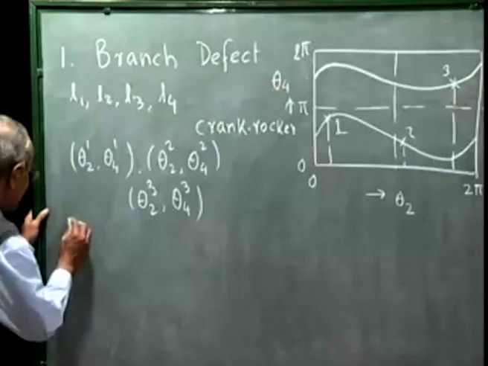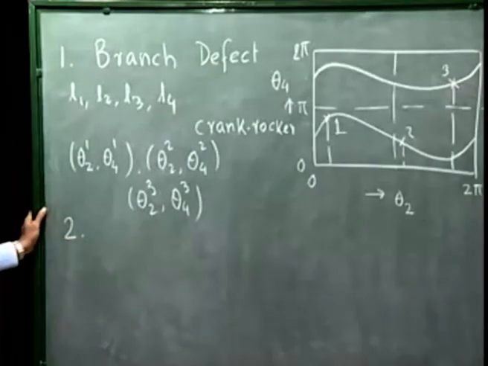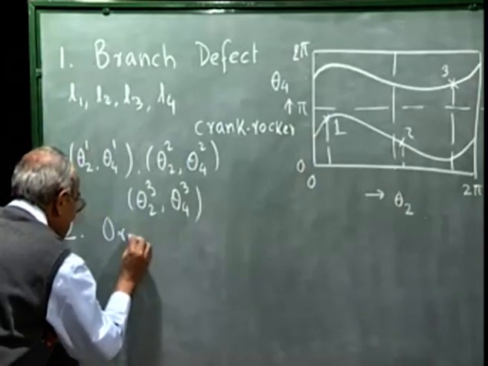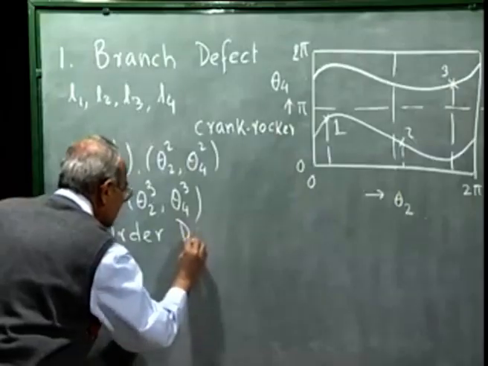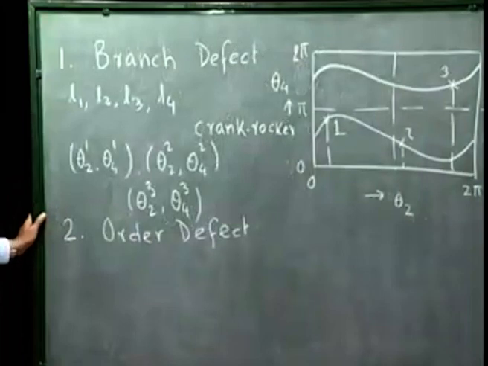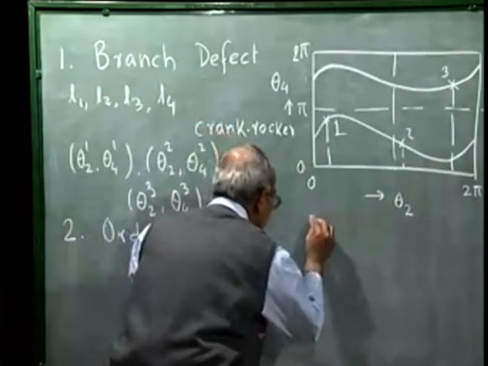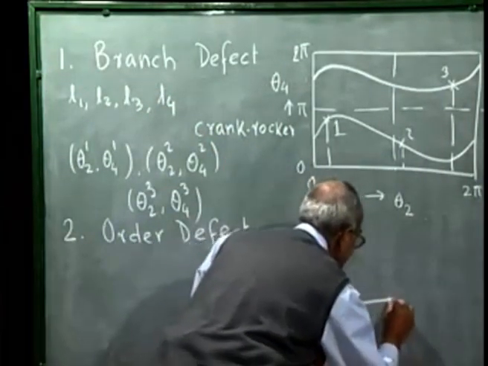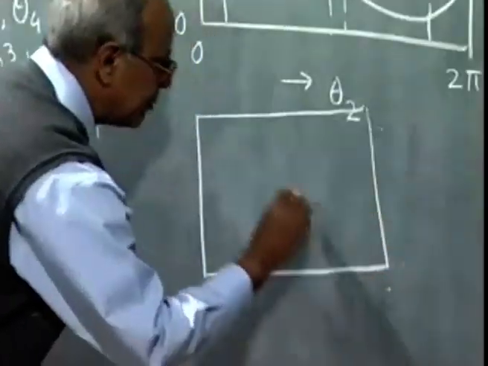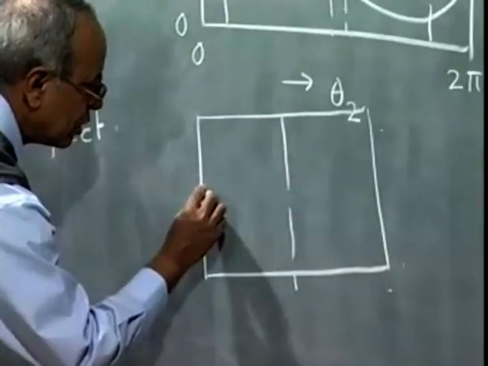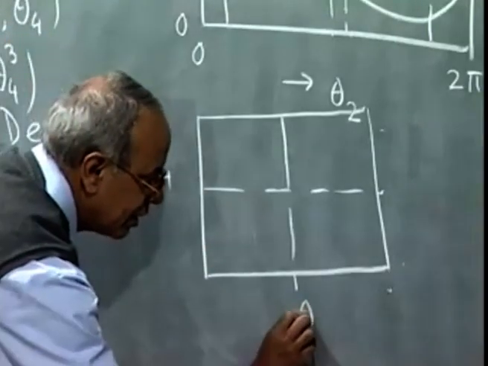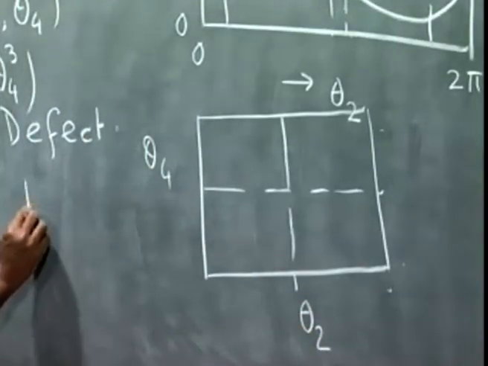There is another defect which also should be checked for after the design is complete, that is called order defect. For example, if we remember that suppose we have a double rocker type mechanism, and I draw the theta 4 versus theta 2 for a non-Grashof double rocker.